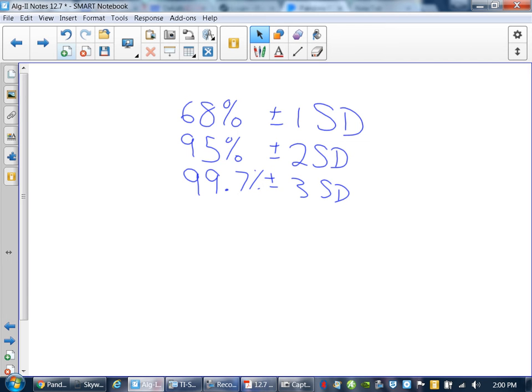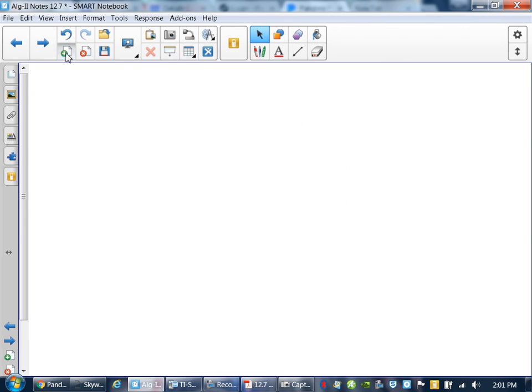Here's why this is important. When you know that half of your data is above the mean and half is below, and you break it apart in terms of standard deviations with these percent breakdowns, you can create chunking within your data.